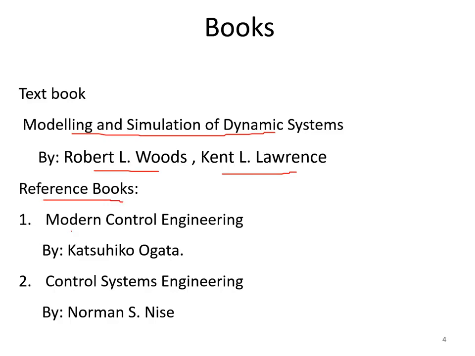Those are primarily based upon the course of control engineering that you will take in the next semester. So some handy reference books include Modern Control Engineering by Ogata and also by Norman S. Nise. So the textbook and the reference books will be your best way to prepare for this course throughout this semester.